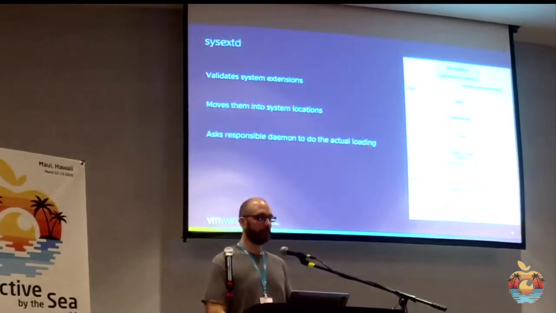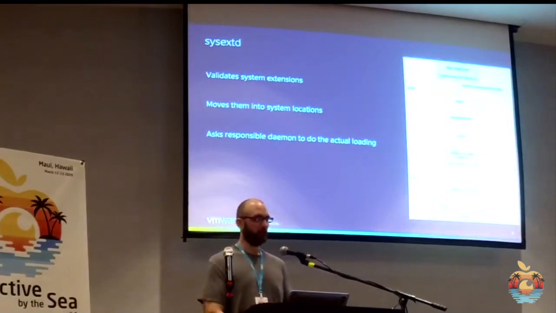Going up again, we get to the system extension daemon. This daemon is interesting. It's got a lot of code for a new daemon. Right now, for the most part, all that code is being used to validate and activate system extensions.